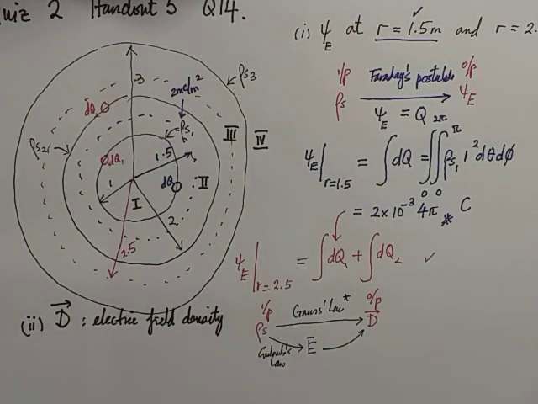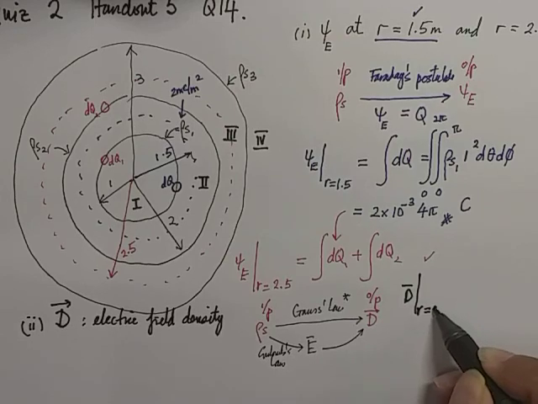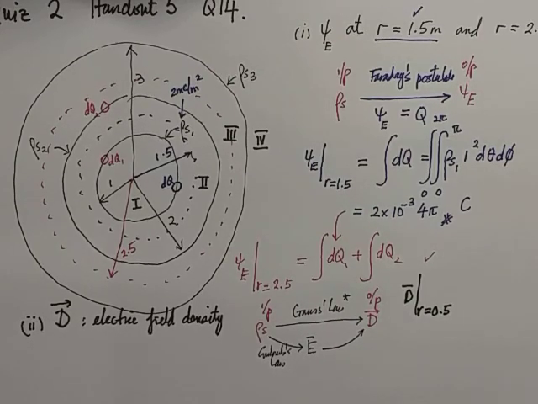And then step number 3, we're going to focus on a specific region. Okay, so let's see now. The question asks for the D at r equal to 0.5.